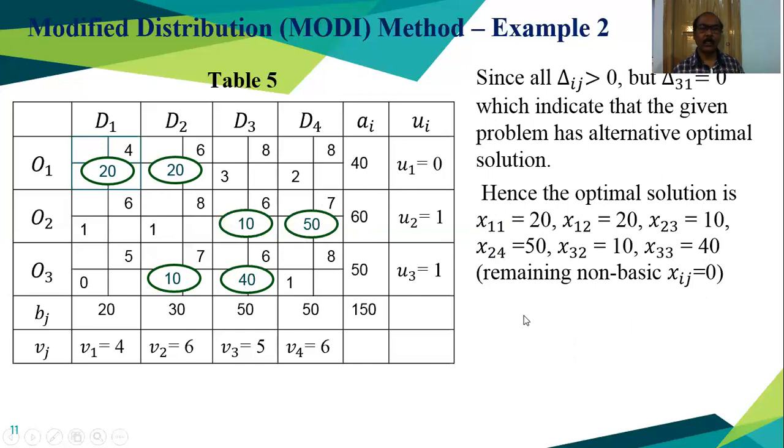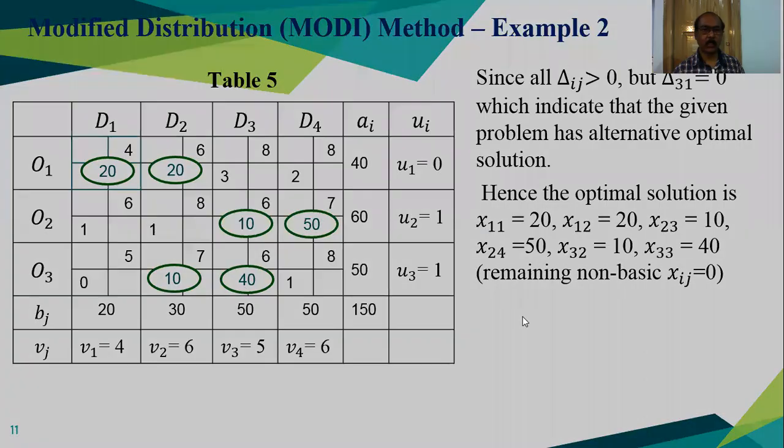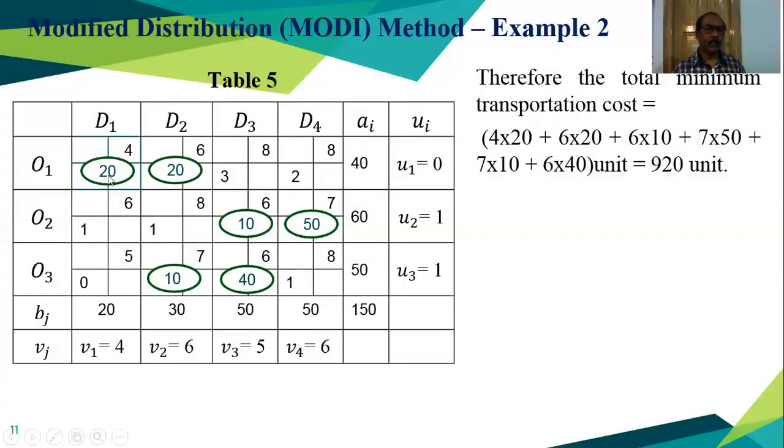Now what is the minimum transportation cost? This is the minimum transportation cost that we got: 4 into 20, 6 into 20, 6 into 10, 7 into 50, 7 into 10, 6 into 40, that is 920 units.